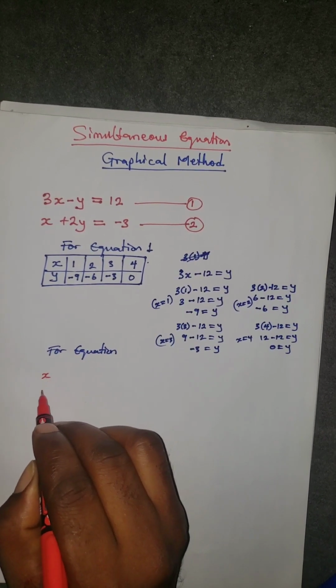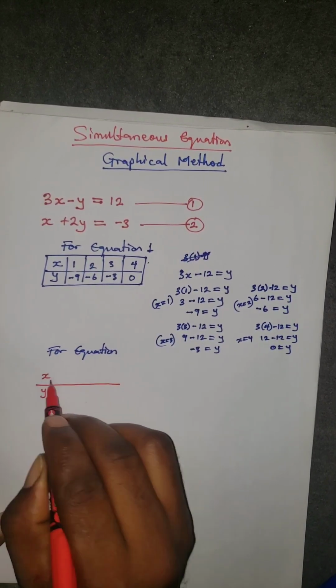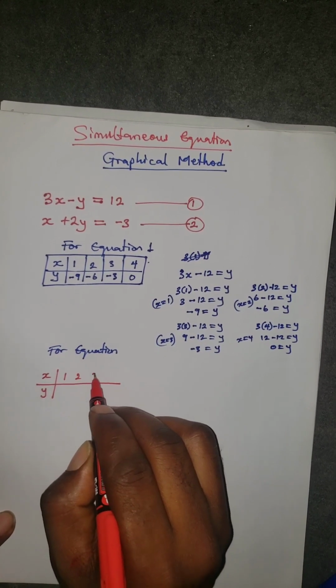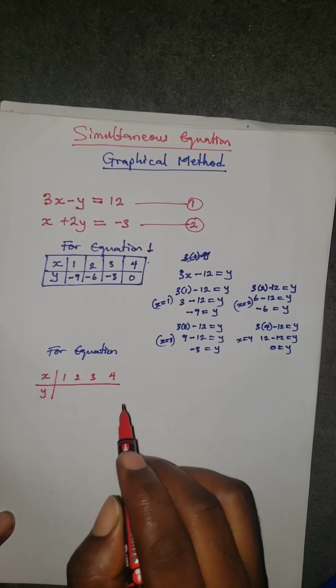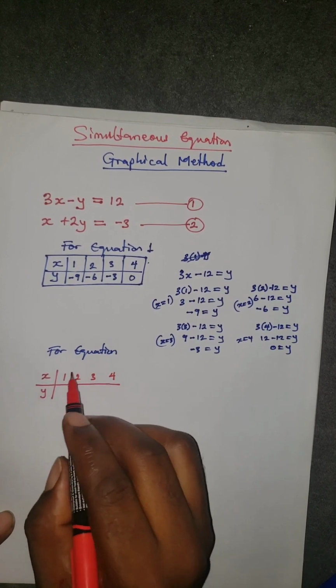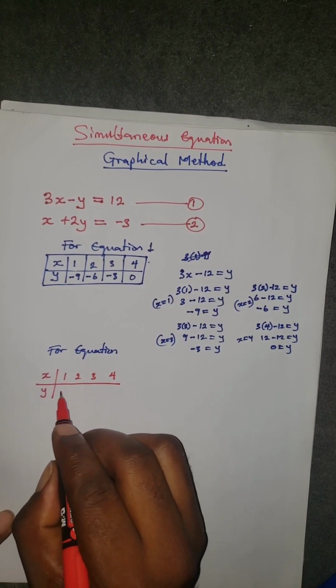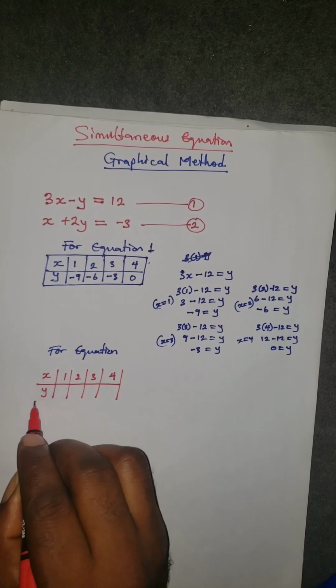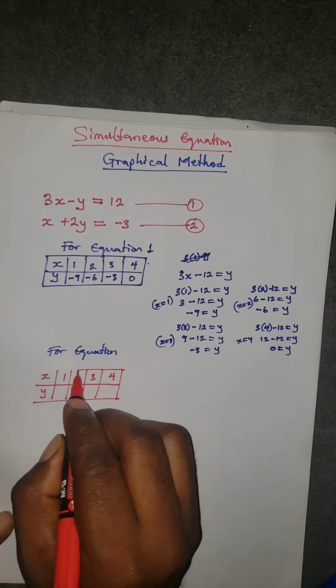So we have x, we have y, 1, 2, 3, and 4. We'll partition it to look like a table.